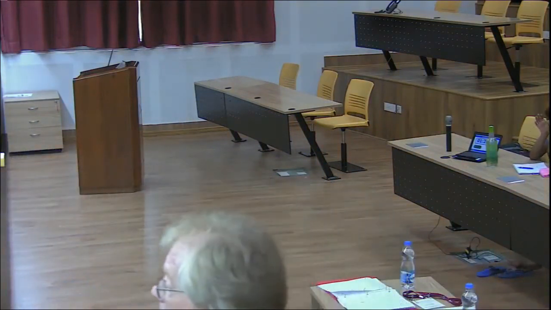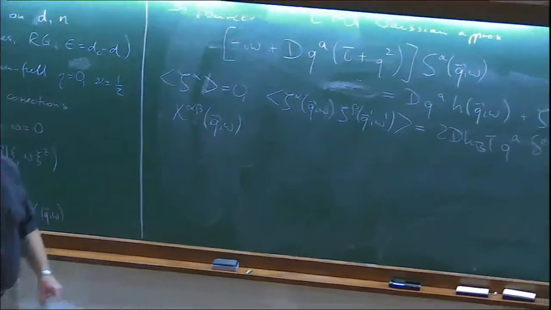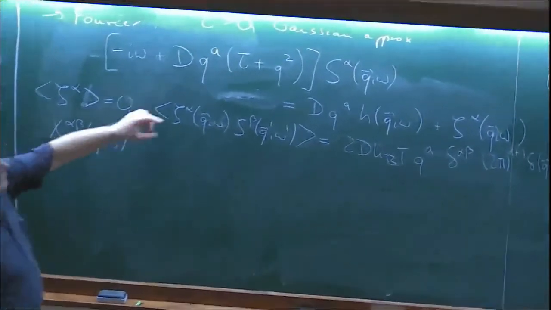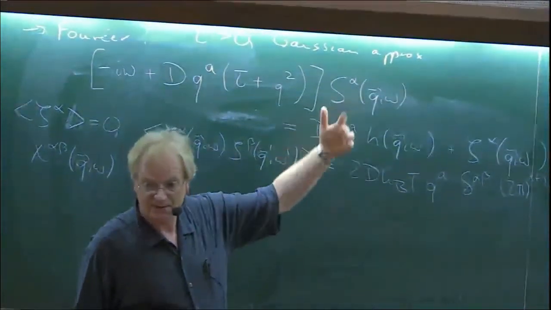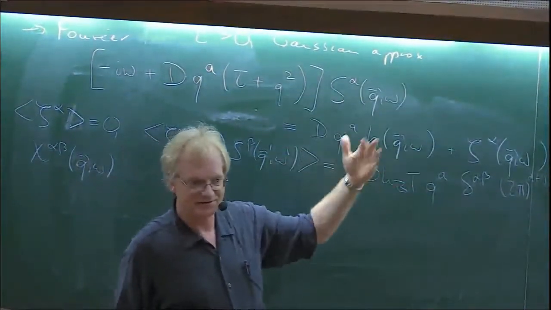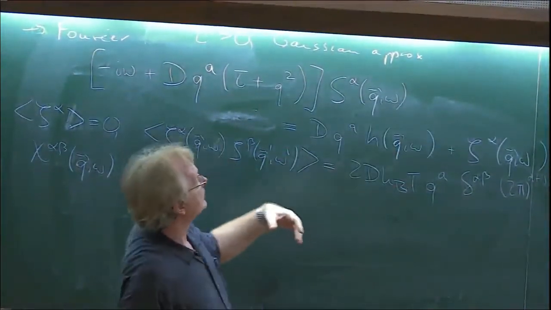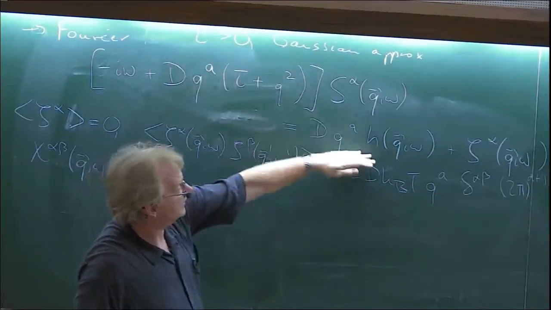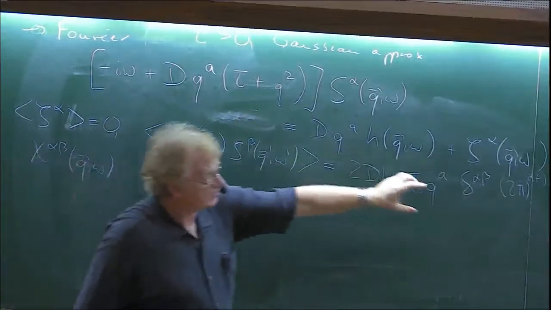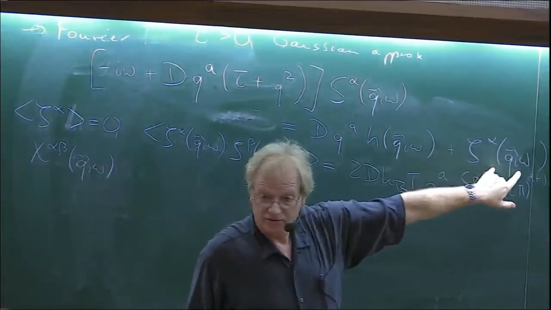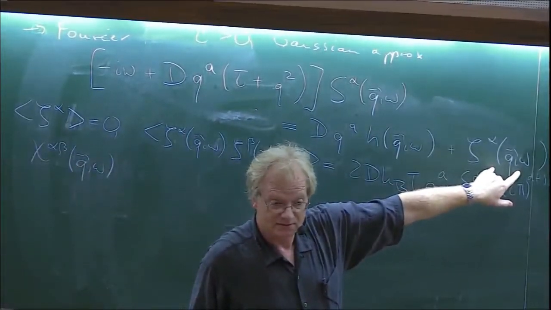So now we can very easily compute the response function chi alpha beta of q and omega. Because that's just the expectation value of s divided by h. Actually ds by dh, but since everything is linear, it's just s divided by h. So it's really just you divide this thing over here, divide this thing over there. Since I take the expectation value, I need the expectation value of theta, but that's 0. Right?